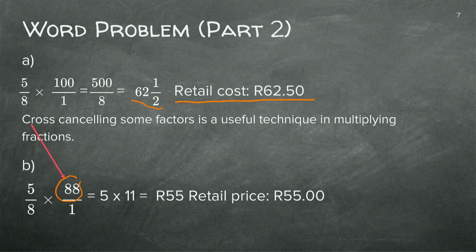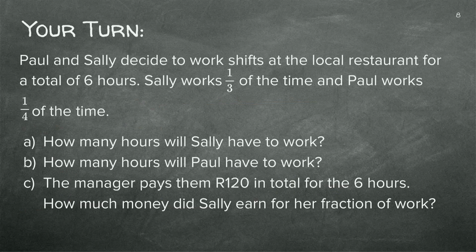And remember, I've done it in the previous lessons, cross-cancelling some factors is a very useful technique in multiplying, because we can immediately see 8 can go into 88 11 times. So all we have to do is 5 times 11 is 55. So the selling price then would be 55 Rand. Cool. Okay, so now it's your turn.